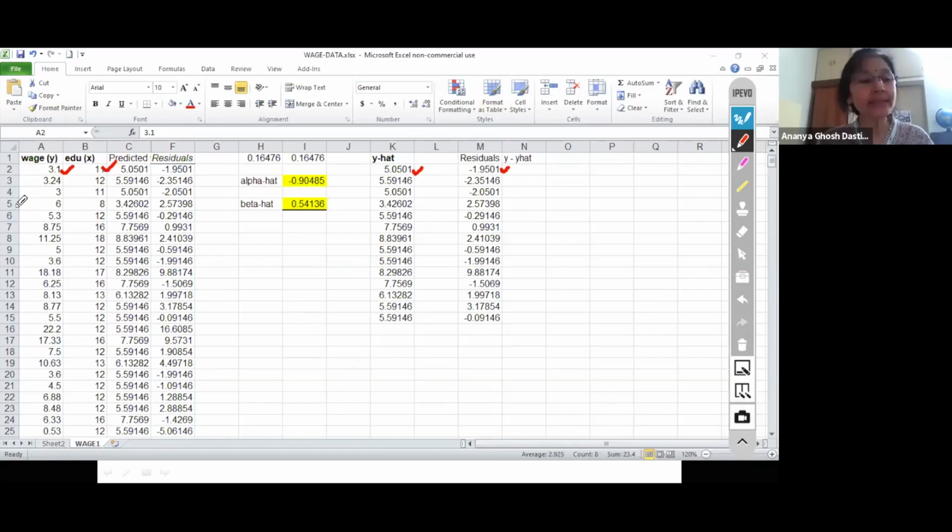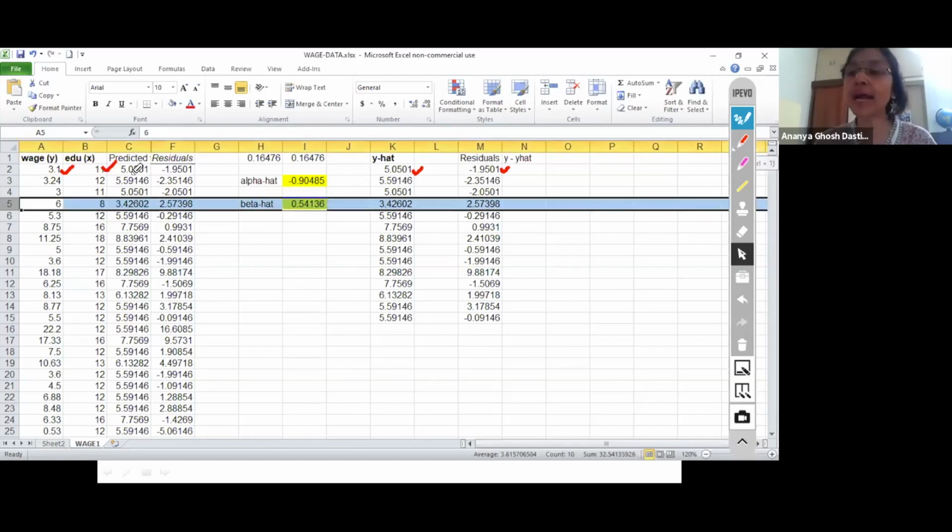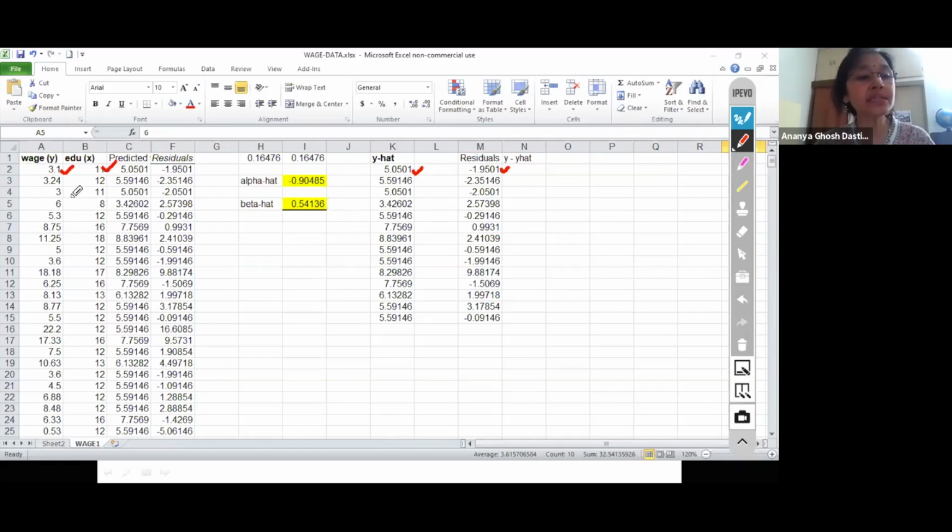Let's look at the fourth observation. This is pertaining to someone who has 8 years of education. Actually, this person is earning $6. But then what does my model predict? My model predicts that he should be earning much less, $3.4.